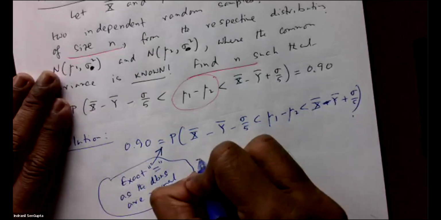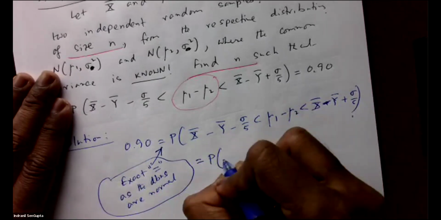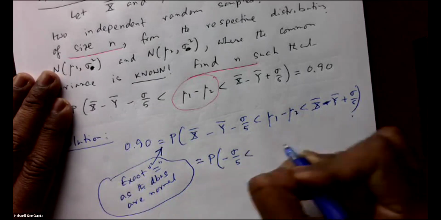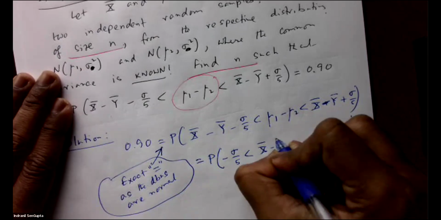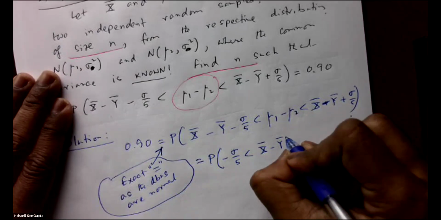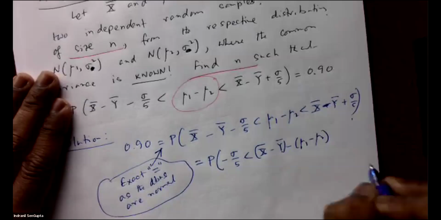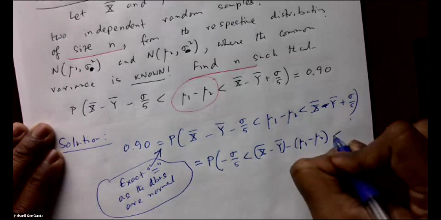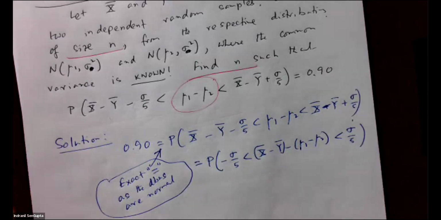All right, so let's write this as the probability of, if I write minus sigma over 5 less than x bar minus y bar minus mu1 minus mu2 is less than sigma over 5, right? You can easily check it.